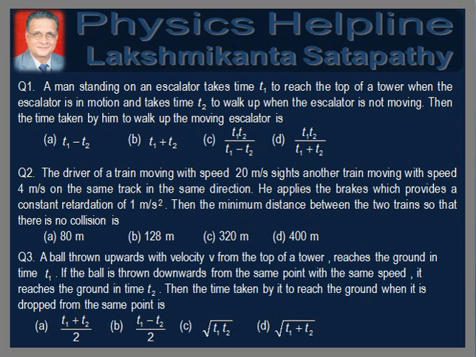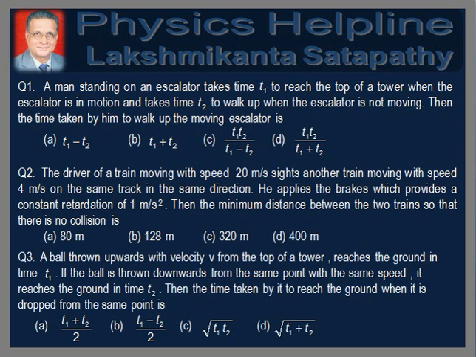Then the minimum distance between the two trains so that there is no collision is. The options are 80 meters, 128 meters, 320 meters and 400 meters.